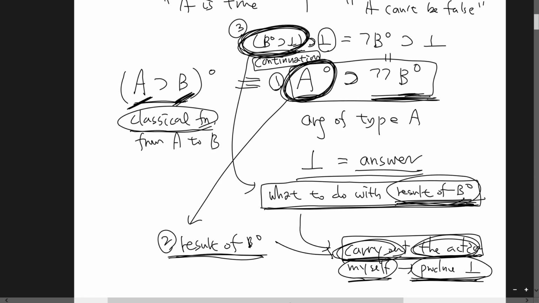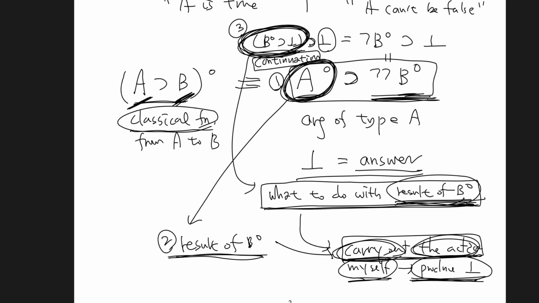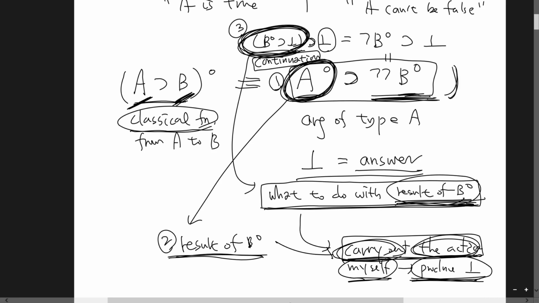So if you are confused about this way of looking at this type, you can think of this one as a return address, a return address expecting a value of type B. So you give me an argument of type A, and you also give me a return address expecting a value of type B. So now I have an argument and a return address.